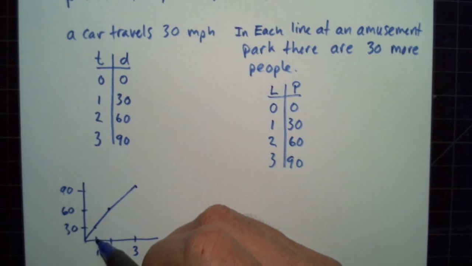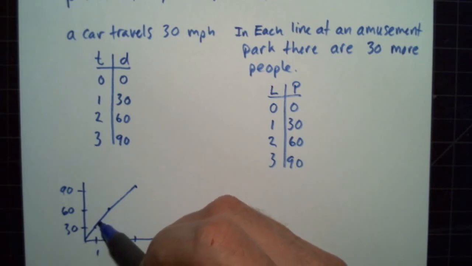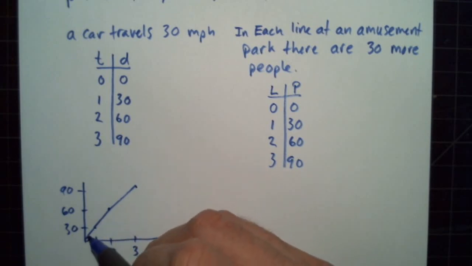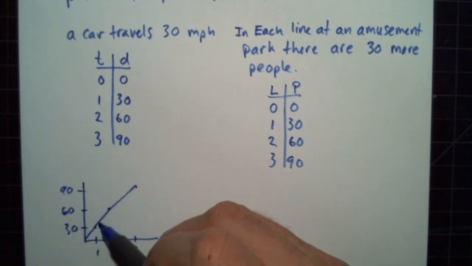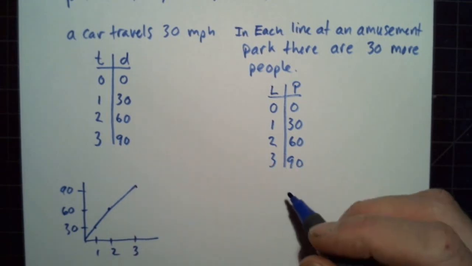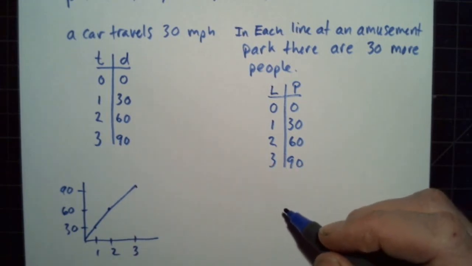After 1 hour and 1 minute, it's gone some distance. It's not going to just be at these locations. It's continuous. Over time, the car's distance, or position, is continuous.